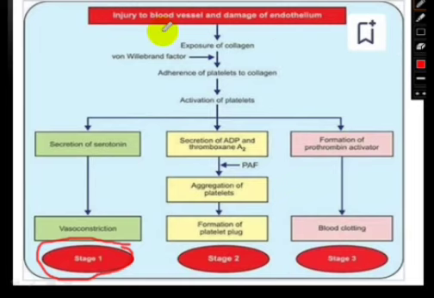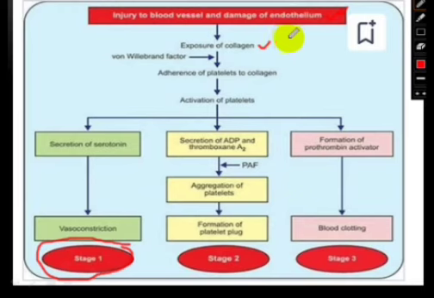So what mechanism can lead to vasoconstriction? First, an injury to the blood vessel or a tissue will expose the collagen within that injured site and also damage the endothelium.